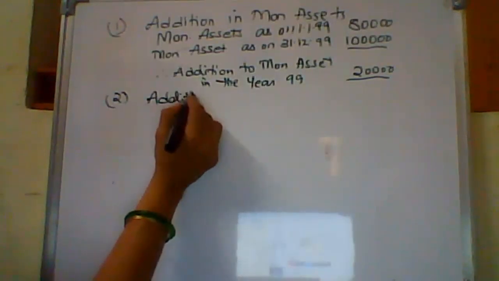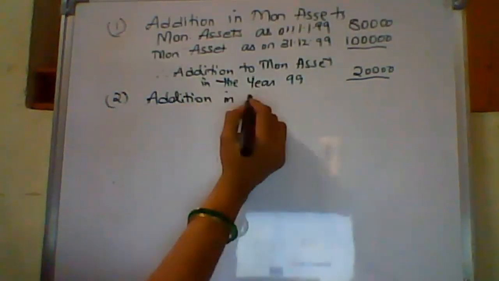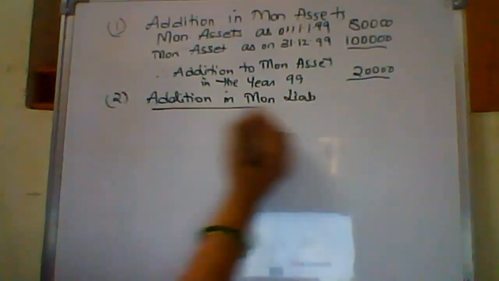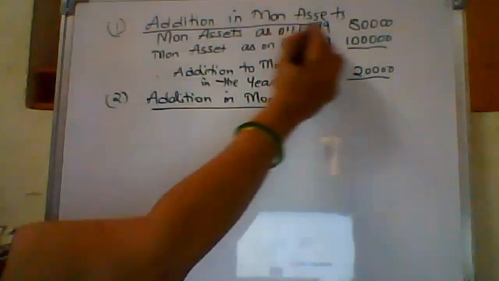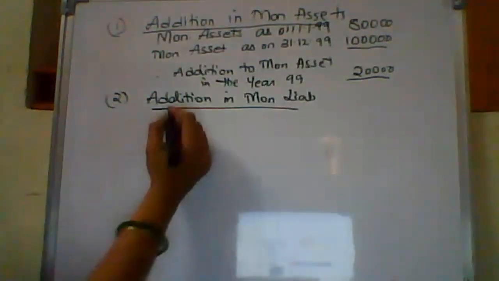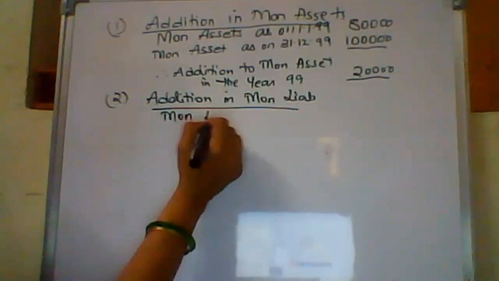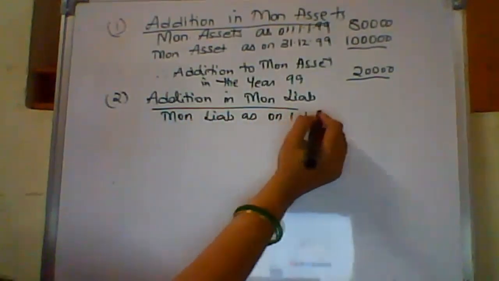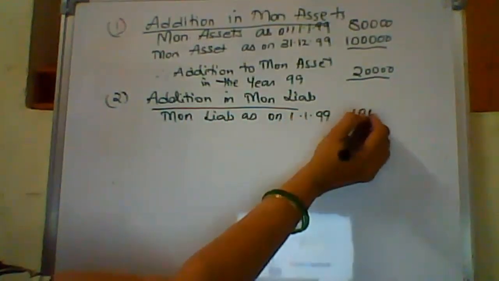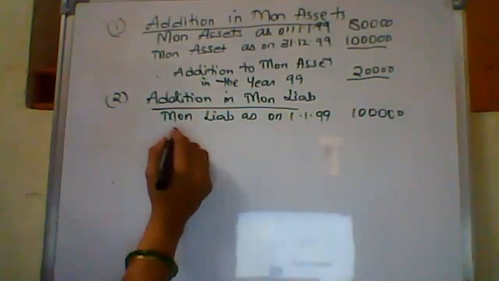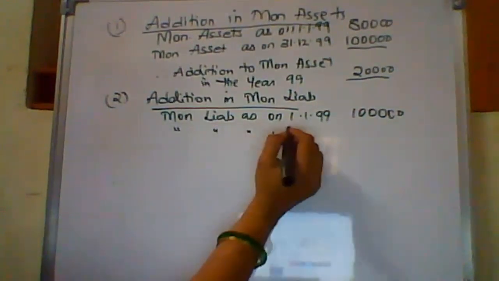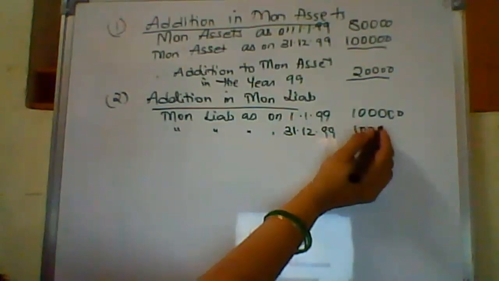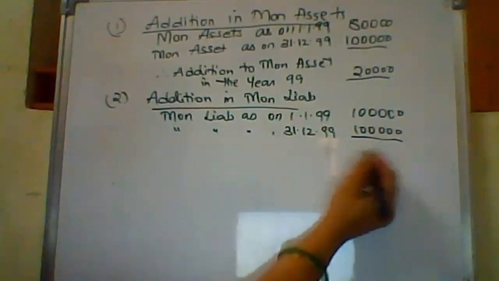Now I will find out additions in monetary liabilities. So, monetary liabilities as on 1/1/1999, 1 lakh. Monetary liability as on 31st December 1999, 1 lakh.